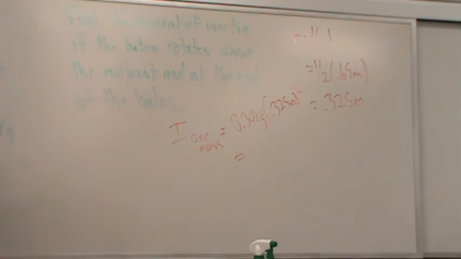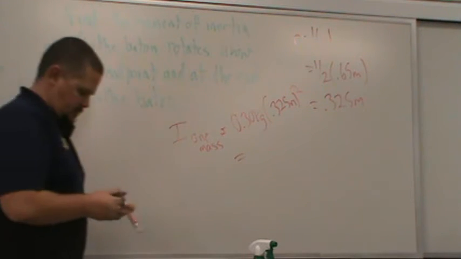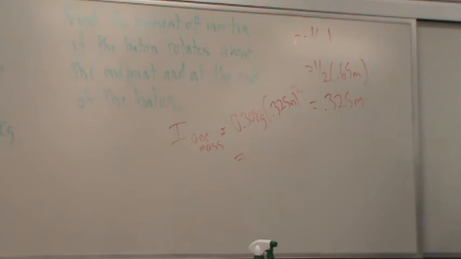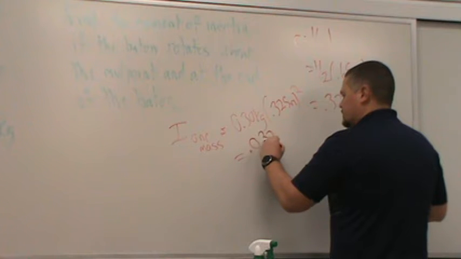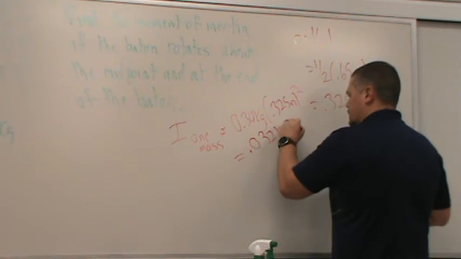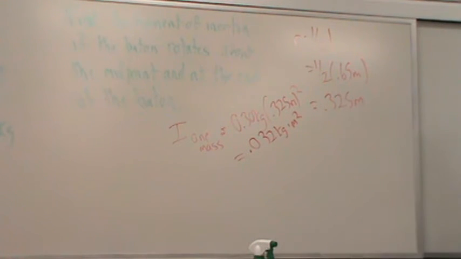Let's run that through a calculation. 0.30 times 0.325 squared, I'm coming up with 0.032 kilograms meters squared. Anybody else coming up with roughly that same number?